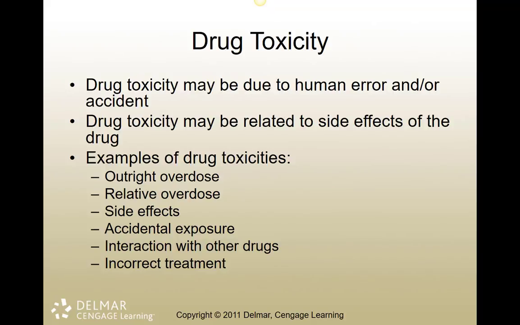Seeing side effects of the drug. Accidental exposure to drugs, so once again, the animal maybe got into its own medicine and took too much. Interactions with other drugs, so other drugs can potentiate a drug and cause toxicities. And then incorrect treatments. We're actually giving the drugs for the wrong reason. So these are some examples of why we get into drug toxicities.